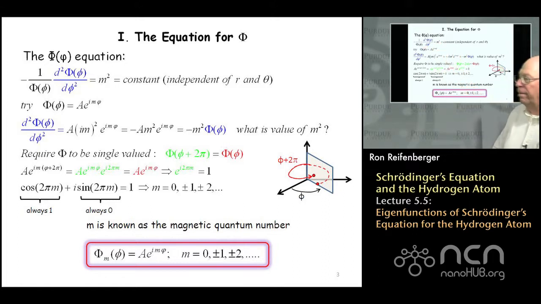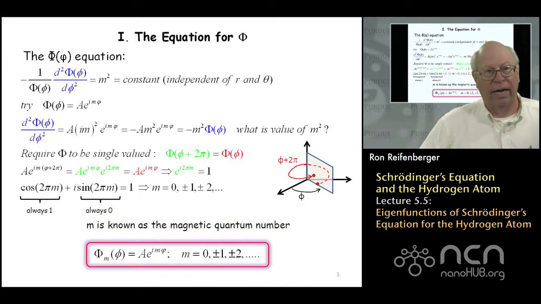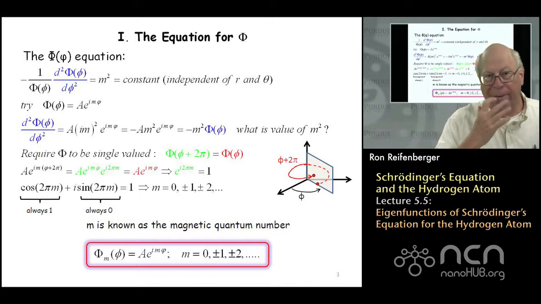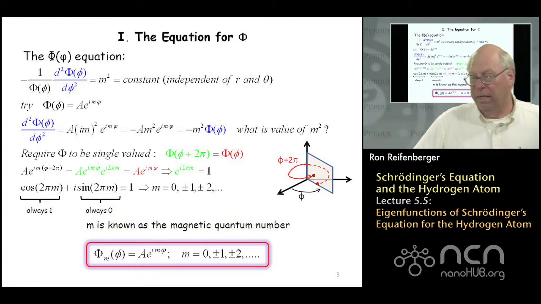So the standard answer is the eigenfunction for the phi dependence of the Schrödinger's equation is given by e to the im phi, where m is some constant. What we need to do is come up with a condition to evaluate what m is.